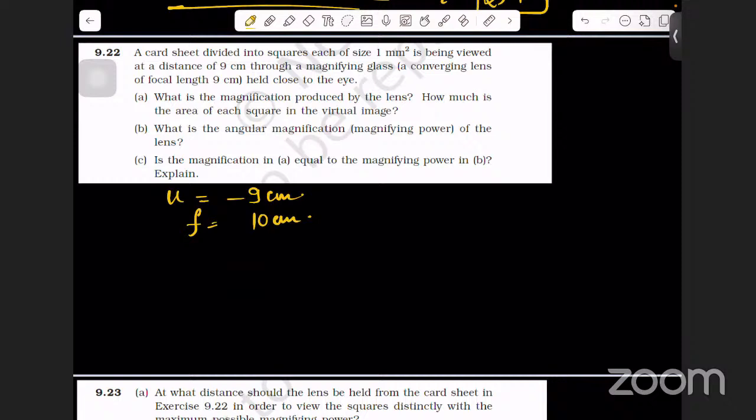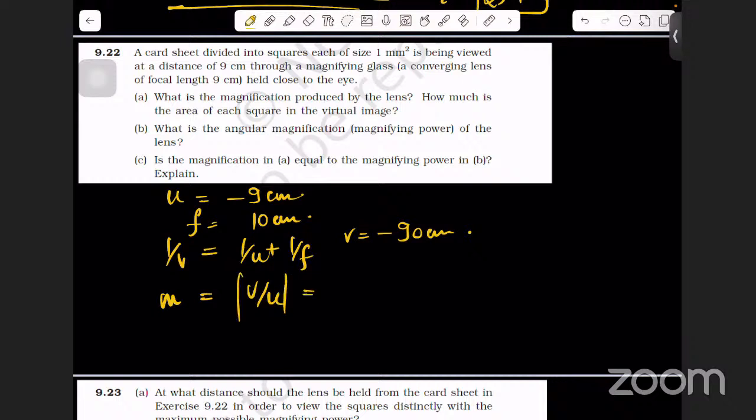Again, from the lens formula, 1 by v equals 1 by u plus 1 by f, you'll find v as minus 90 centimeters. And the magnification would be v by u, so minus 90 by minus 9, which is 10.